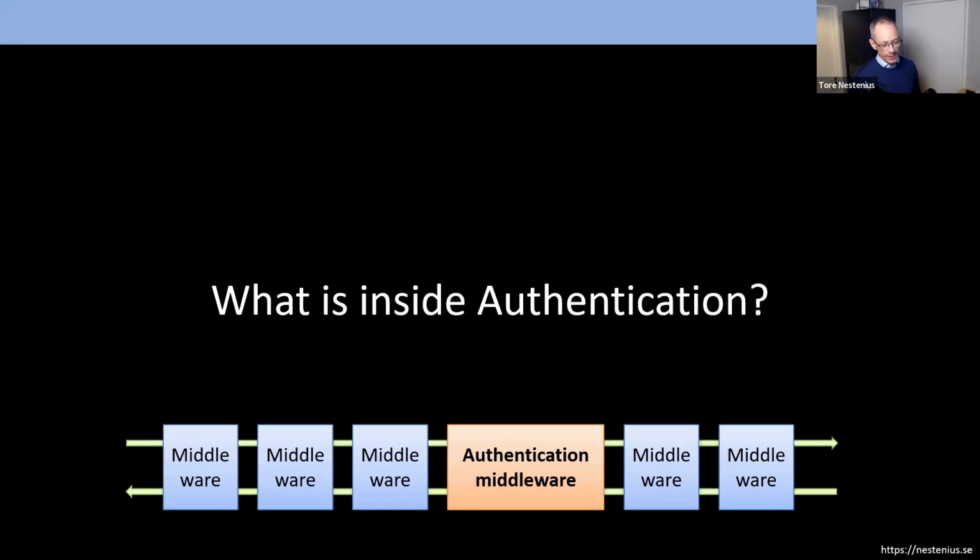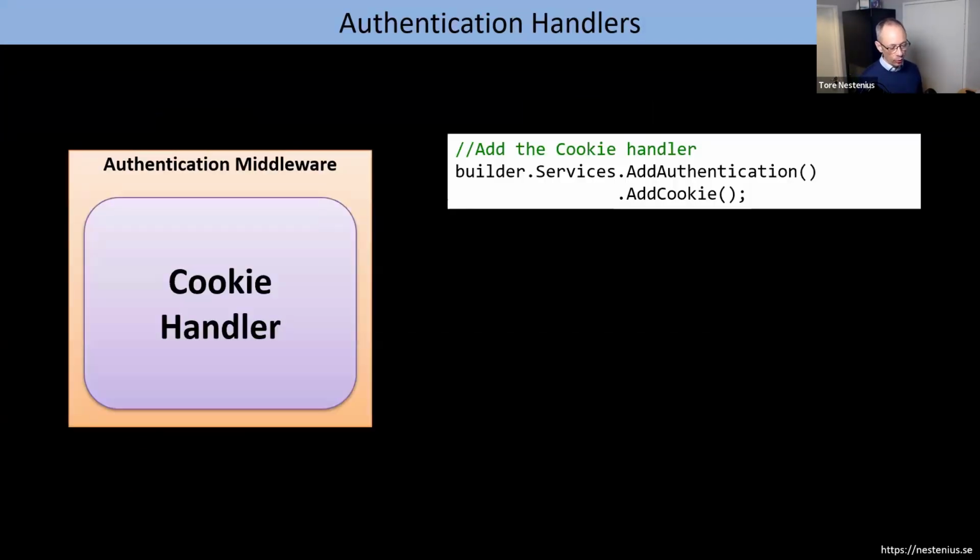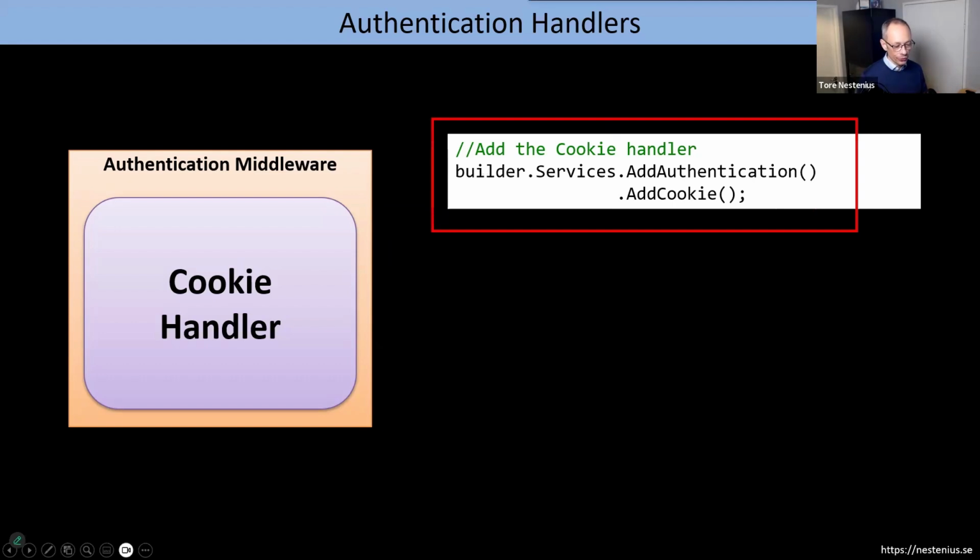We need to look inside the authentication middleware, at what is inside it. Inside it, we have a set of authentication handlers. We can have a cookie handler, for example, in some cases. And if you have used .NET, you might have seen this kind of code construct.